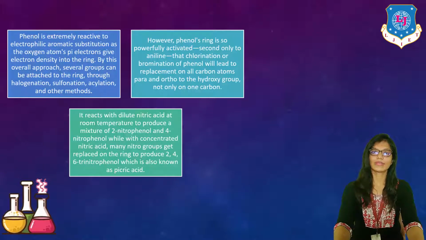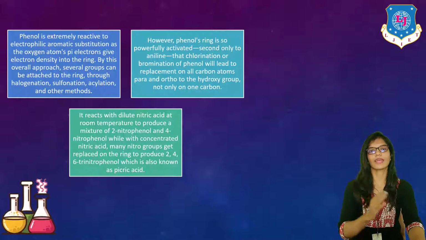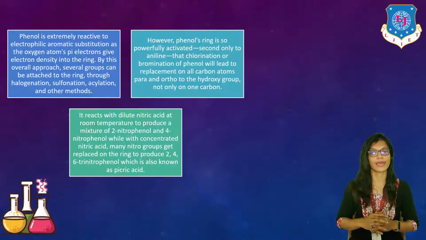It reacts with dilute nitric acid at room temperature to produce a mixture of 2-nitrophenol and 4-nitrophenol, while with concentrated nitric acid, many nitro groups get substituted on the ring to produce 2,4,6-trinitrophenol. That 2,4,6-trinitrophenol is also known as picric acid.